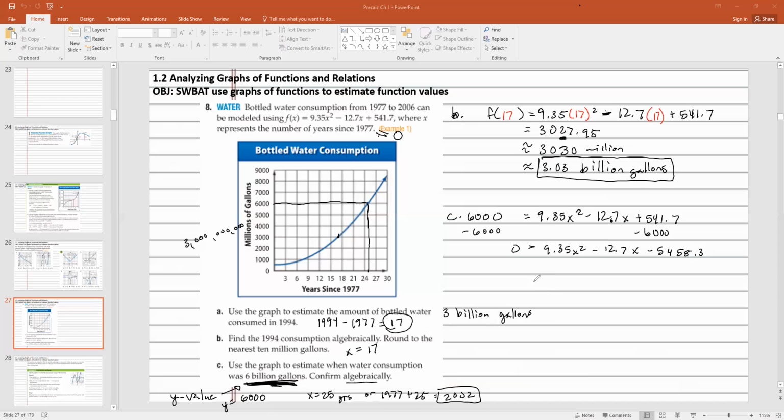So since it equals 0, how do you solve a quadratic? The quadratic formula. X equals negative b plus or minus the square root of b squared minus 4ac all over 2a. Okay, so here, this is our a, 9.35. This is our b, negative 12.7. This is our c, negative 5,458.3. So plug all of those in.